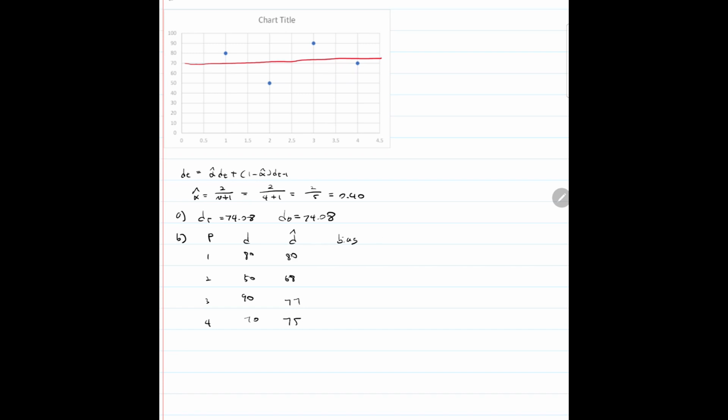Bias is simply the difference between the calculated demand and the actual demand. The difference between these two is 0, and here it's negative 18, and 23, negative 5. So it's showing that we overestimated here and underestimated here. Oh, I went the other way.